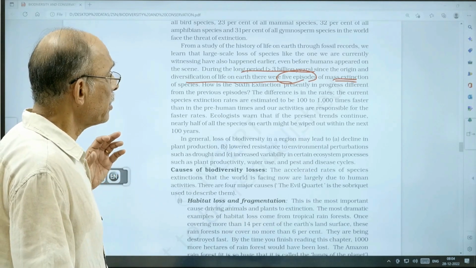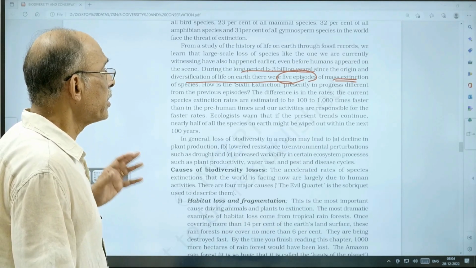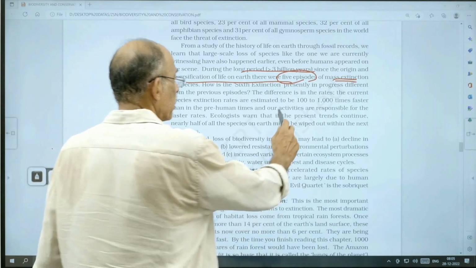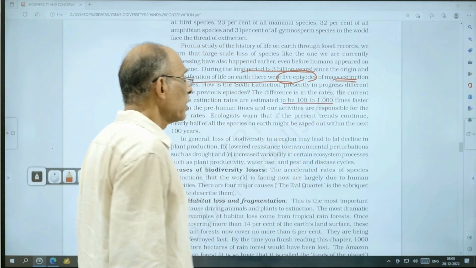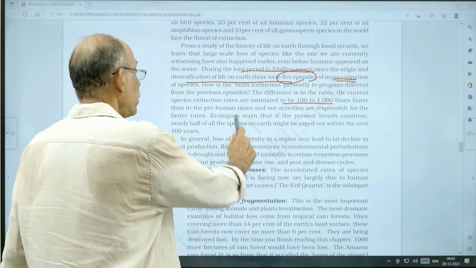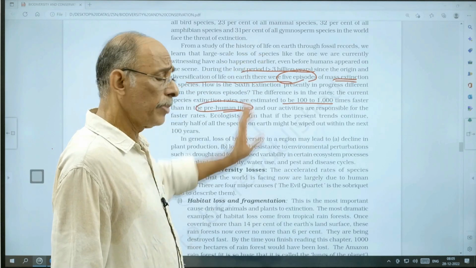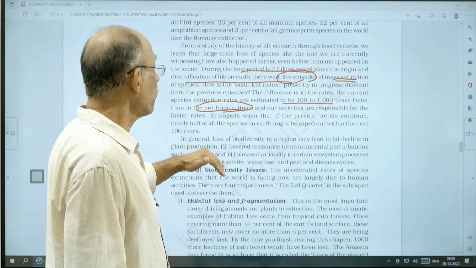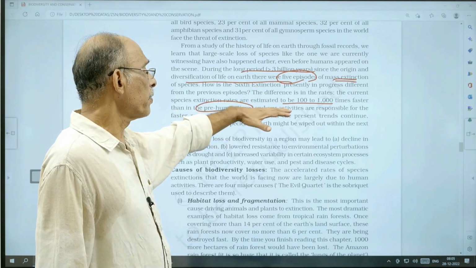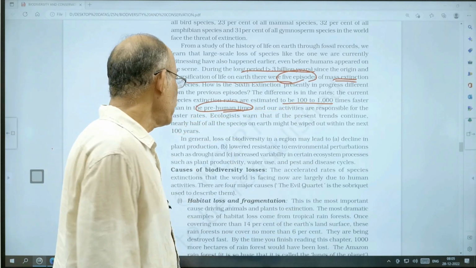This is drastic. The rate of species extinction is said to be 100 to 1,000 times faster than in pre-human times. Before the appearance of man, there were these 5 episodes of mass extinction, but after the appearance of man, the rate of extinction has increased 100 to 1,000 times.